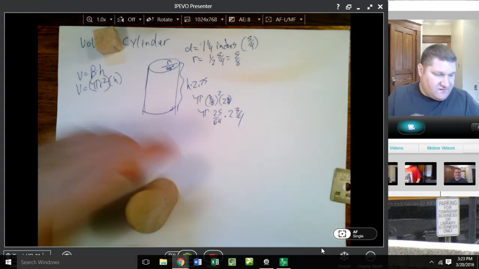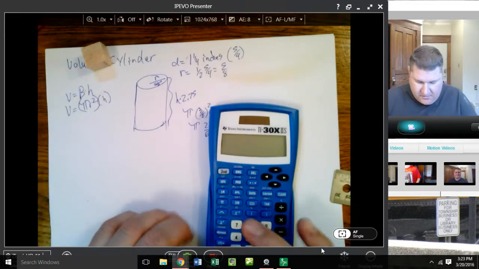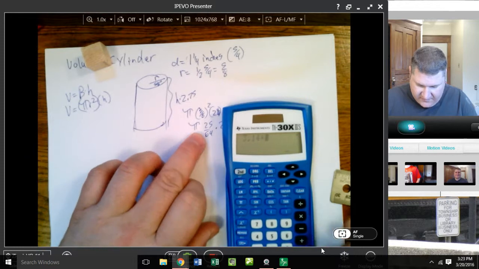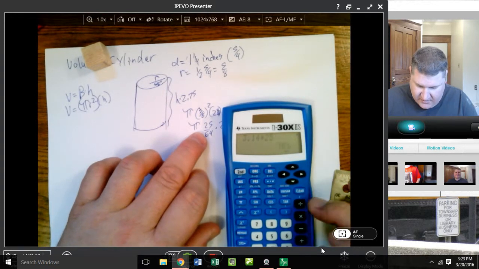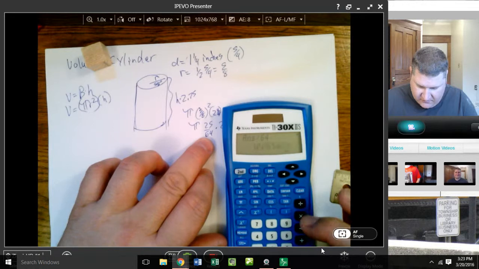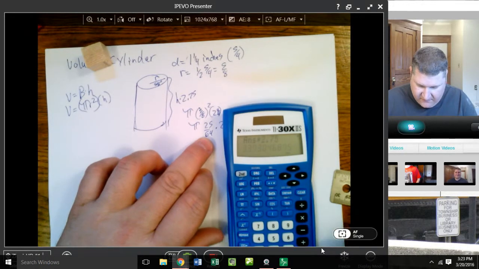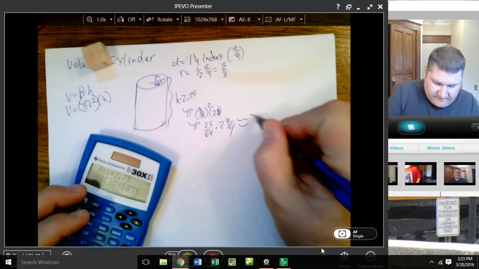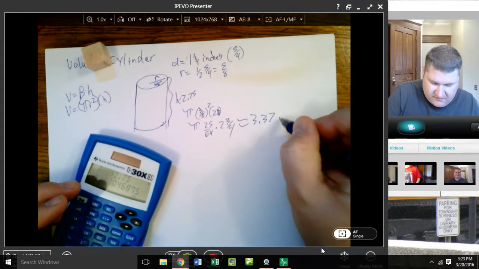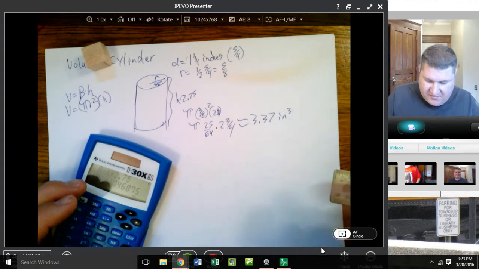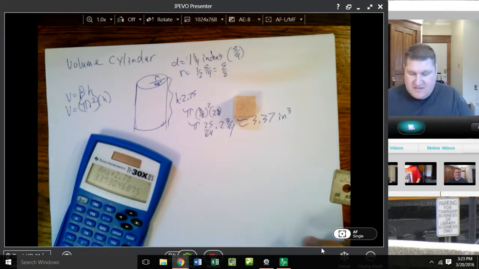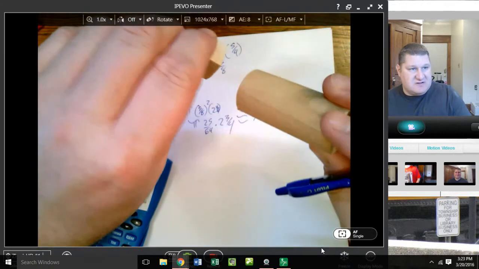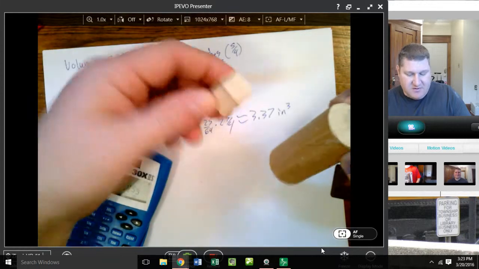If I want an estimate, I could use 3.14 times 25, divided by 64, times 2.75, and I would come up with 3.37 inches. And that's inches cubed, because whether it's in this shape or this shape, it's a matter of how much material is in each piece.